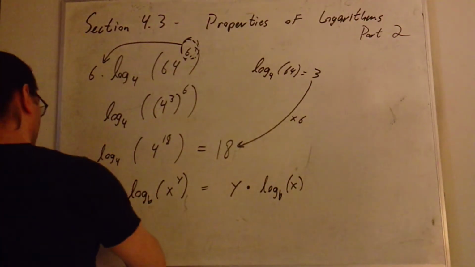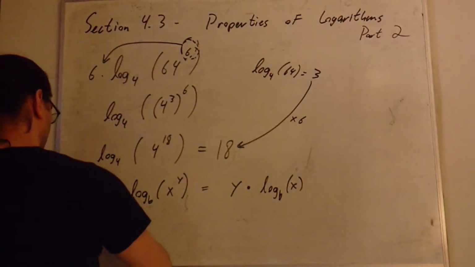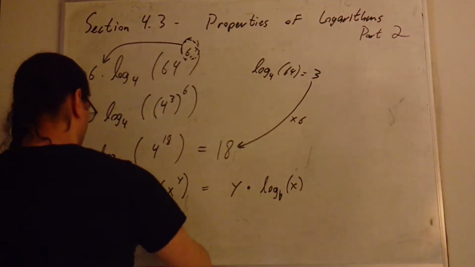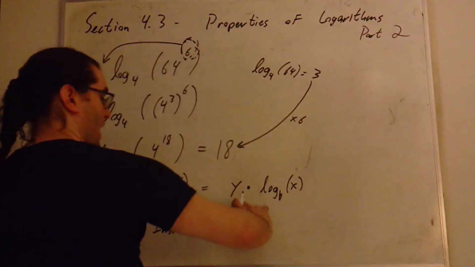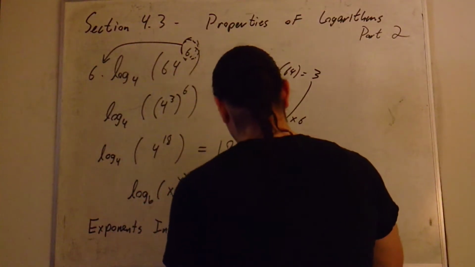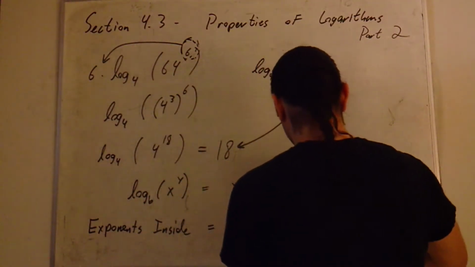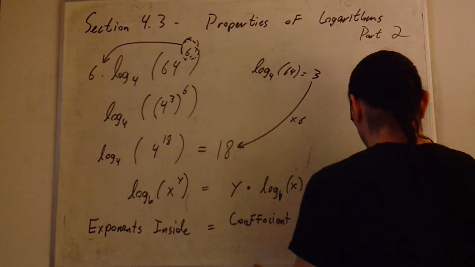So when I write this down, I'm going to try to reflect that. I'm going to say, this is pretty easy. This is exponents inside. I'm going to call this coefficient multiplication outside.